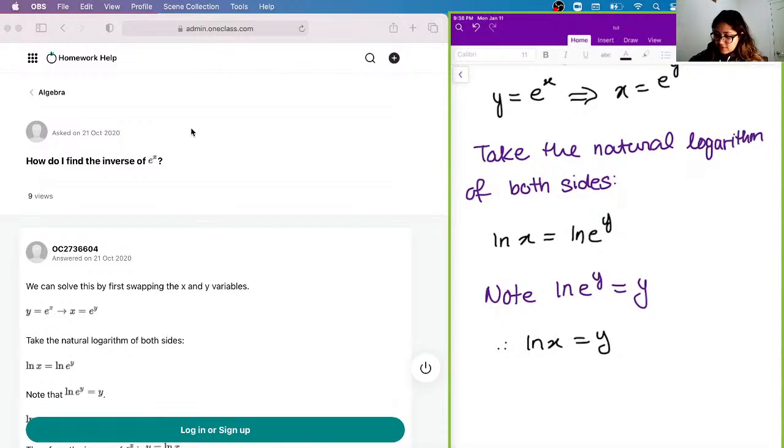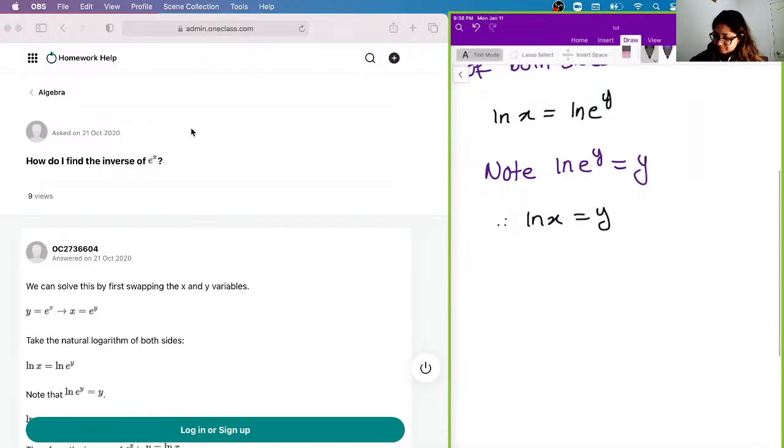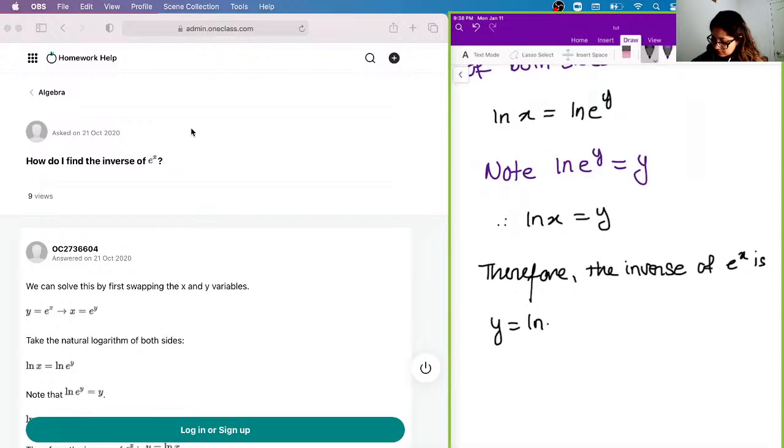Therefore, the inverse of e to the power of x is y equals ln of x.